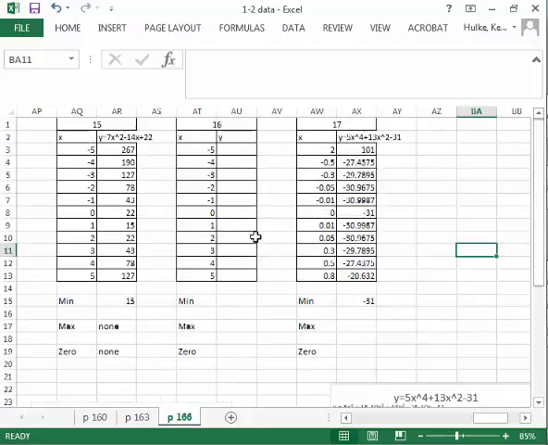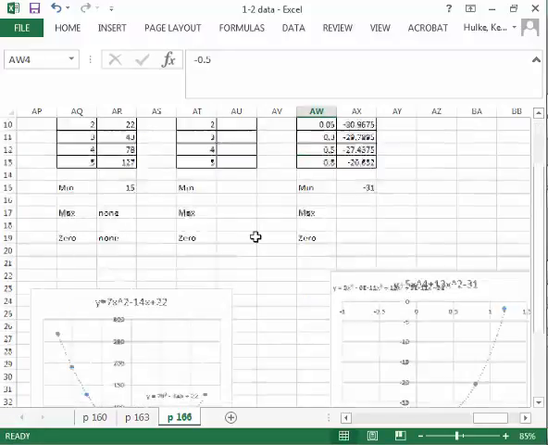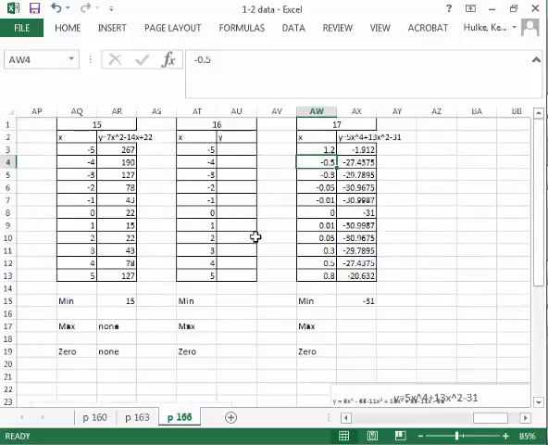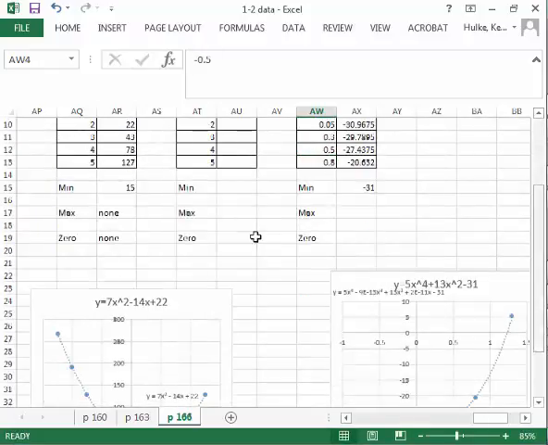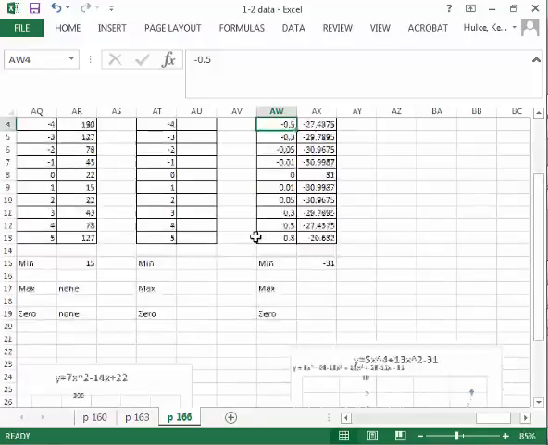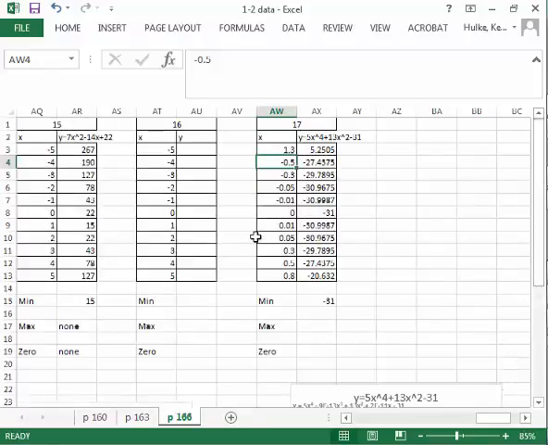So let's guess 1.2. 1.2, it's a little bit below that, so let's say 1.3 instead. Then it's a little bit above the 0, because if you notice, here's our 0 line right here. So at 1.3, we're at 5.5. At 1.2, we're at negative 1. So it's going to be between 1.3 and 1.2.